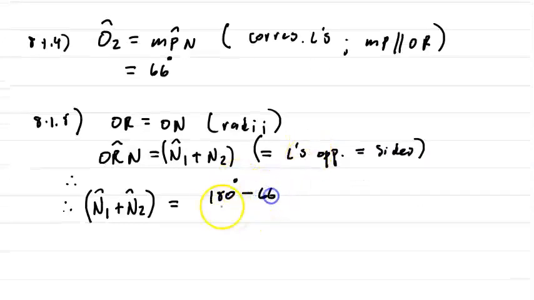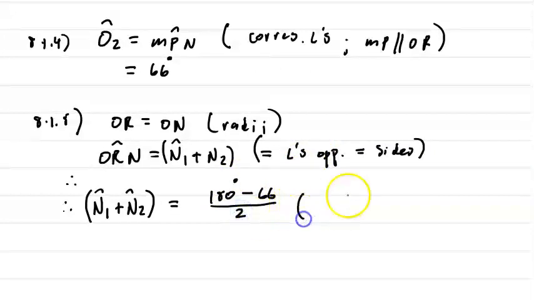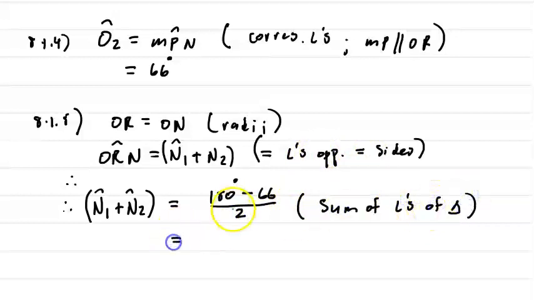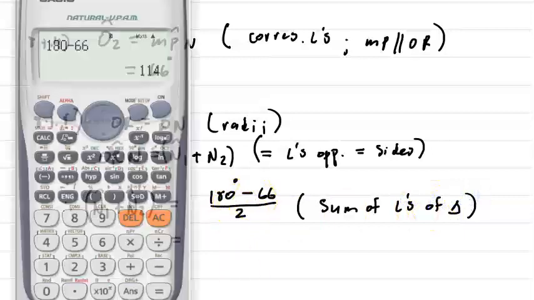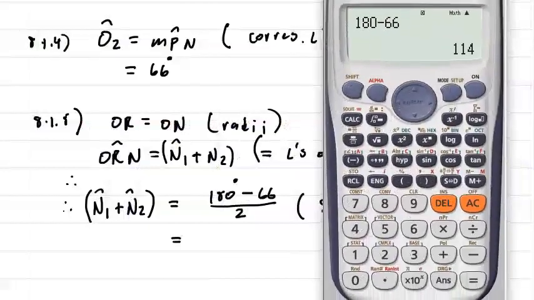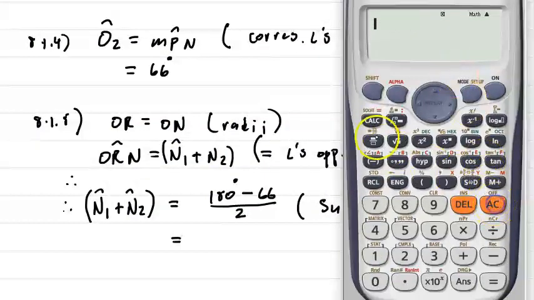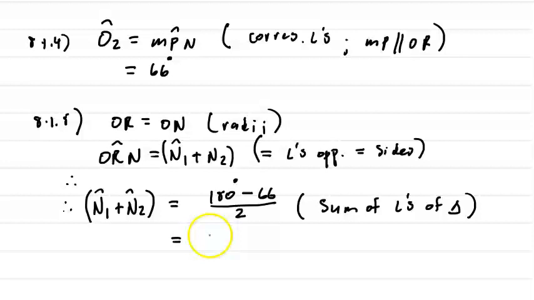We're dividing by 2 because that triangle is an isosceles triangle. Equal angles, opposite equal sides. So we're going to write reason here: sum of angles of triangle add up to 180. So 180 minus 66 divided by 2. Let's put it in the calculator. 180 minus 66 divided by 2 equals 57 degrees.